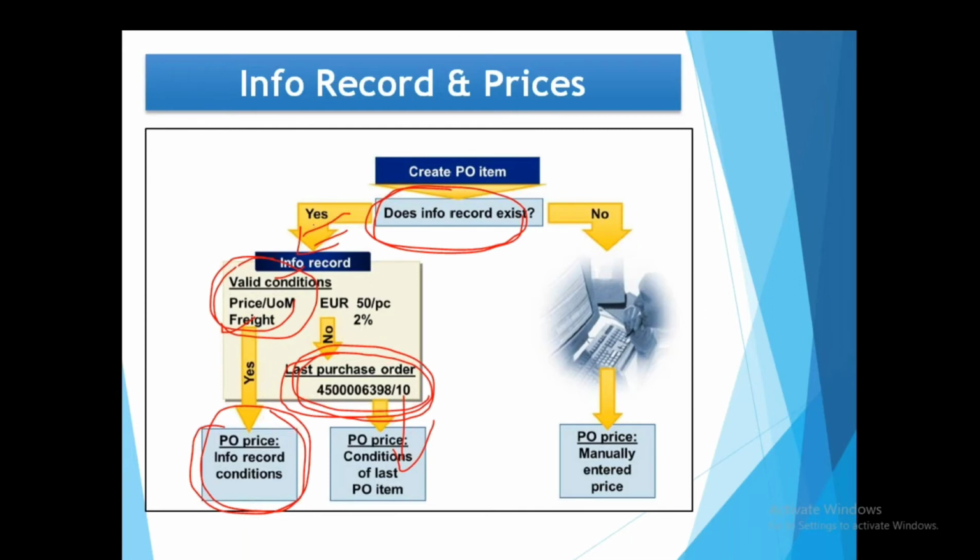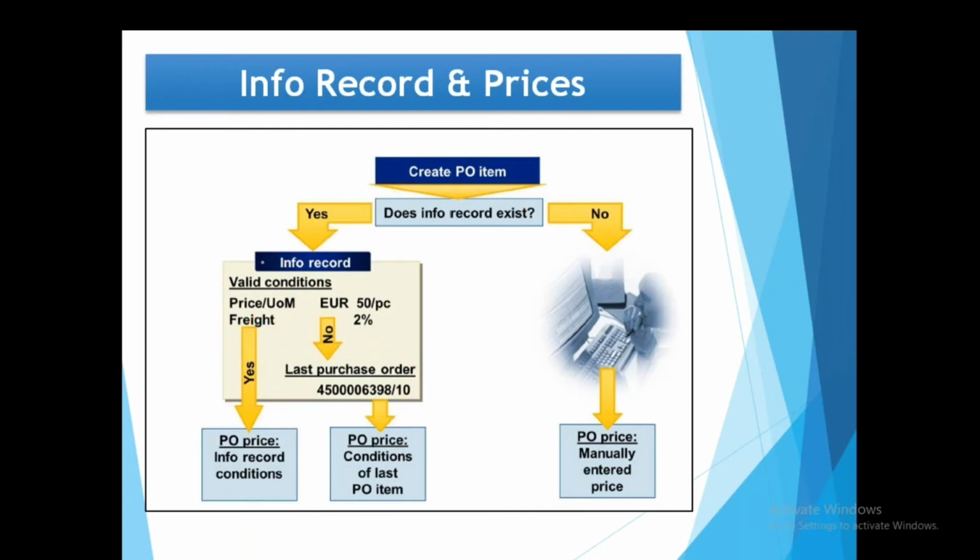And if there is no info record and no last purchase order, then you have to enter the price manually. The user has to enter the price manually in the purchase order. So this is how, whenever you are creating the PO, the system will look for the data.